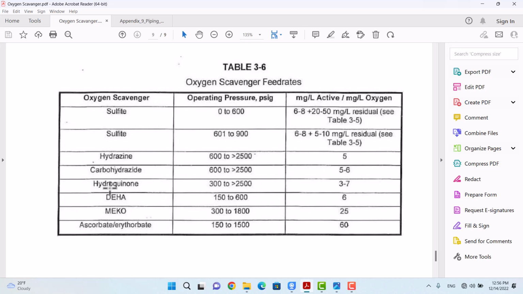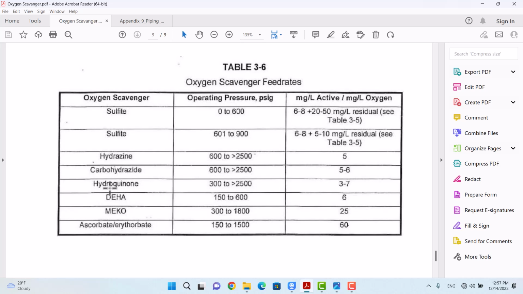Remember, in order to comply with environmental standards, you are not supposed to use hydrazine as an oxygen scavenger, because it might have some detrimental impacts on personal safety and personal health. And the third factor is the consumption rate.